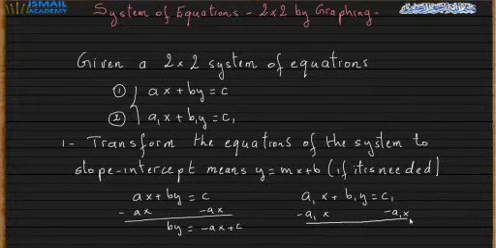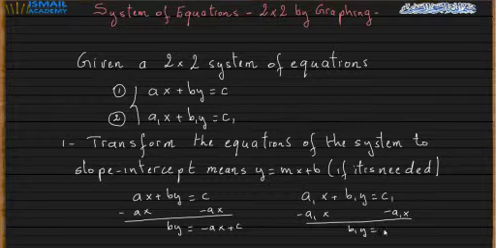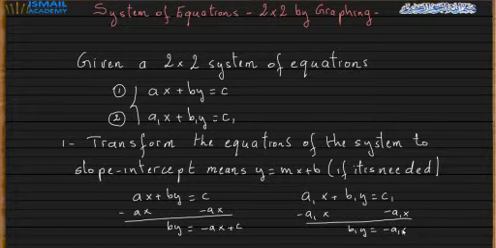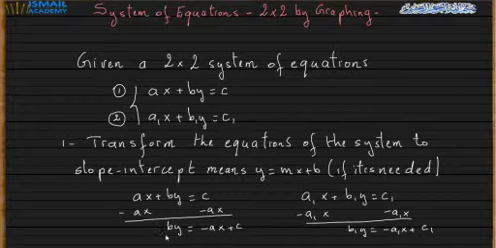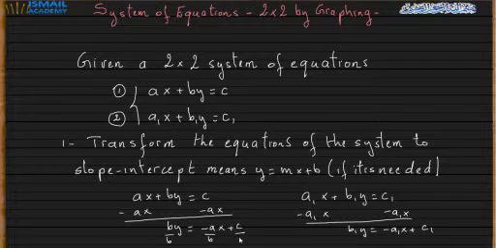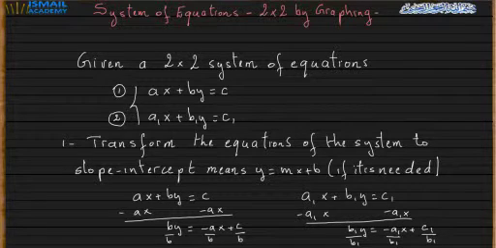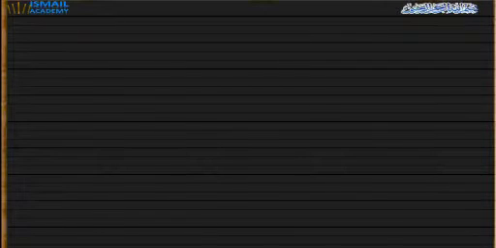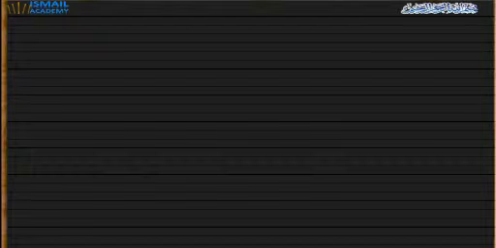I will get b1y equals minus a1x plus c1, and after that I divide both sides by b. So I divide all the terms on the other side by b, and the same thing here, I divide by b1 on both sides. So at the end I will get this form, which is the slope-intercept form.